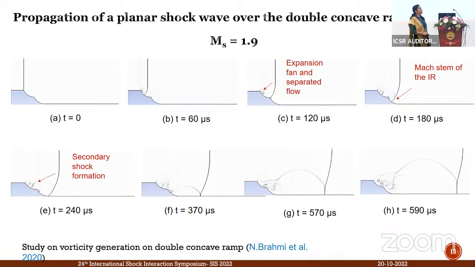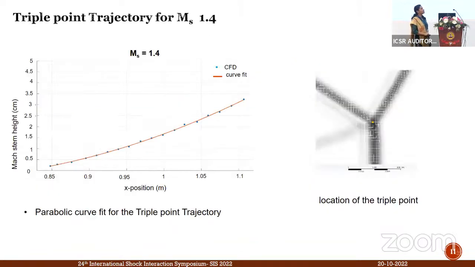The next thing is to identify the triple point trajectory. For one such case of 1.4 Mach number, we found the triple point trajectory, and it was found to be non-linear. This also says that the planar shock wave undergoes unsteady reflections along the plane surface of the ramp. For other Mach numbers, we have found a similar variation.